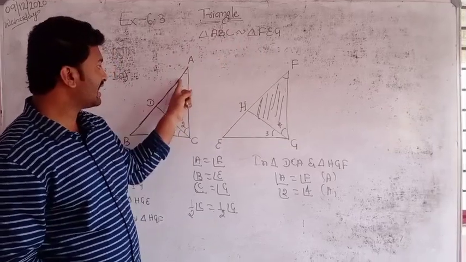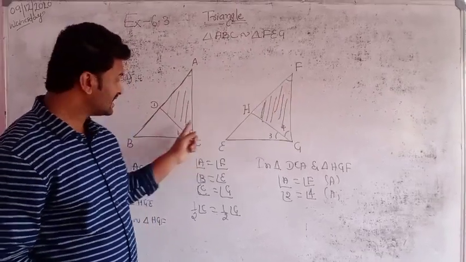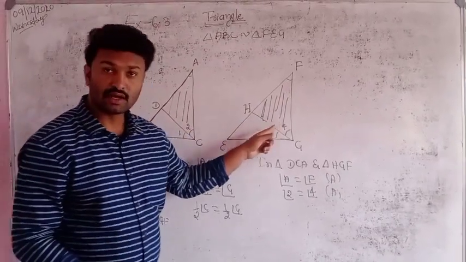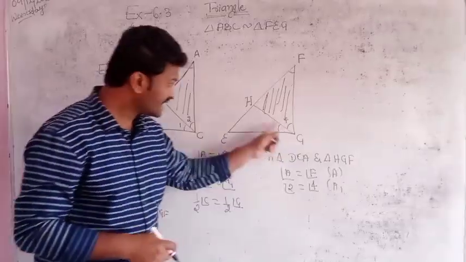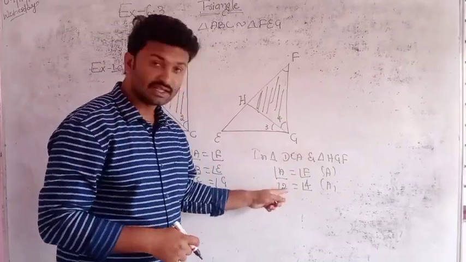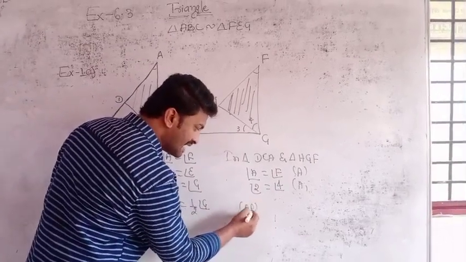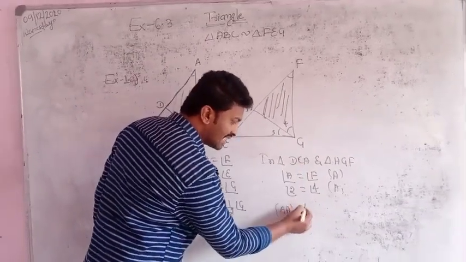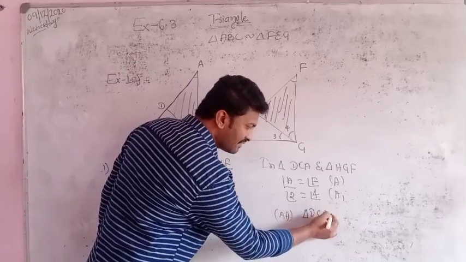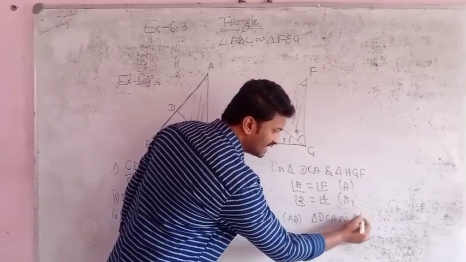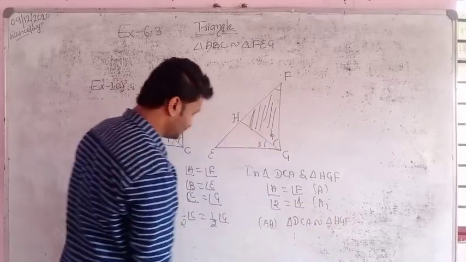Here it is given angle A equals angle F, and angle 2 equals angle 4 by the bisectors CD and HG. Therefore, by the AA criteria, triangle DCA is similar to triangle HGF.